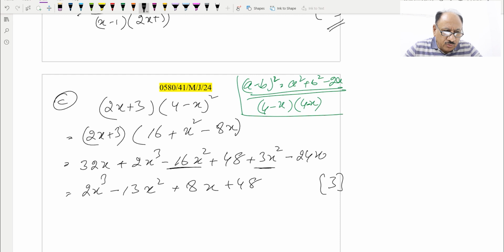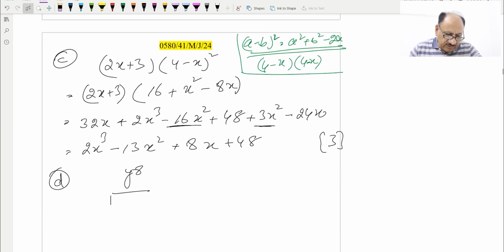Now we can go through the next part, which is part D, and part D is simplify. This question is given which we need to simplify: (16x¹⁶y⁸) and whole raised to the power minus 3 by 4.